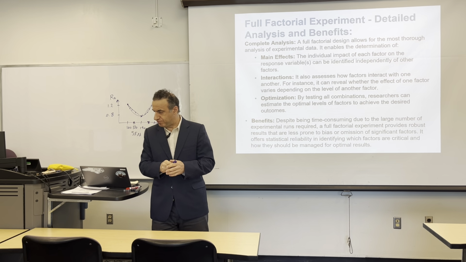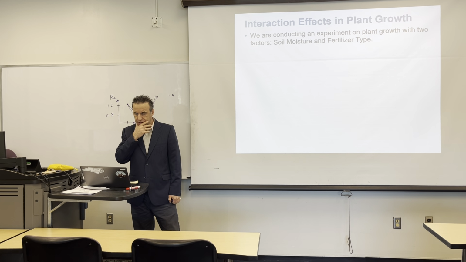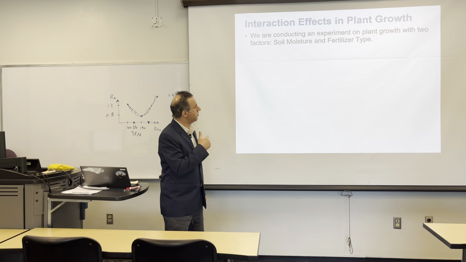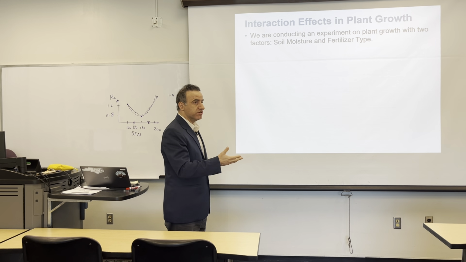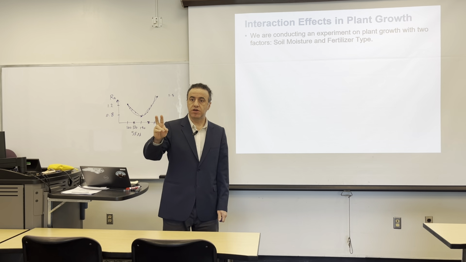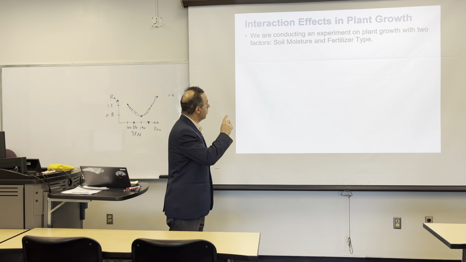Let's say we have this experiment. We want to see the plant growth with respect to soil moisture and fertilizer type. So you have two factors, right? Fertilizer type and soil moisture.